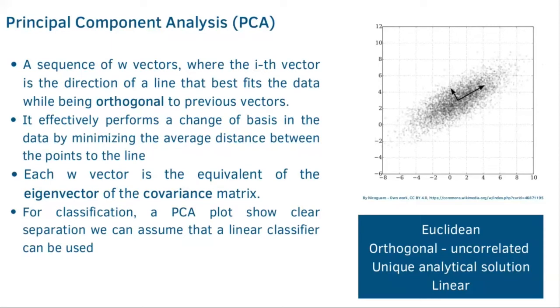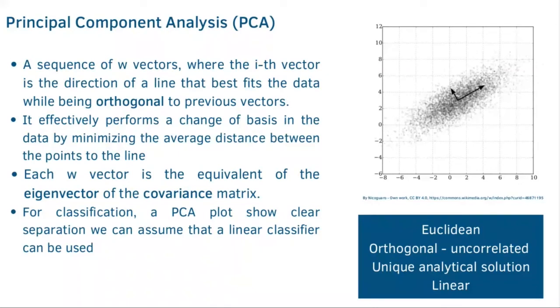And if you're more at ease with math, just to get the feeling of it, it's not very math heavy, but it's the same as computing the eigenvectors of the covariance matrix. So it's very straightforward.